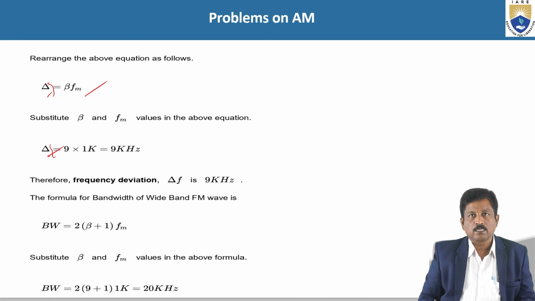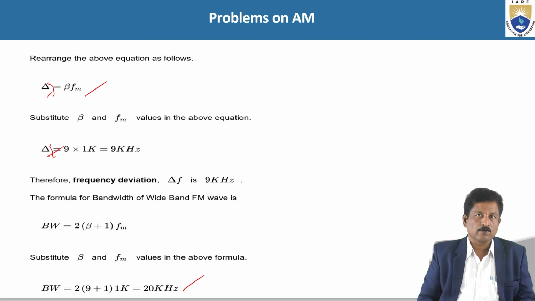Comparing with the previous statement, the narrowband FM, there we got a bandwidth requirement of only 4 kHz, whereas in this case we get 20 kHz by calculation. You can easily observe the difference. If it is narrowband, it is similar to our AM modulation technique, 2 times the modulating signal frequency.